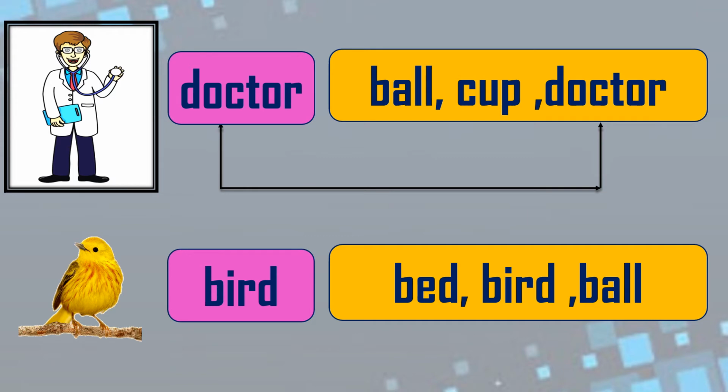Now we have to find out the word which is given in pink box and we have to join them. See, bird. Okay. Got it? How to do that activity? Now this activity we will continue with some more pictures.